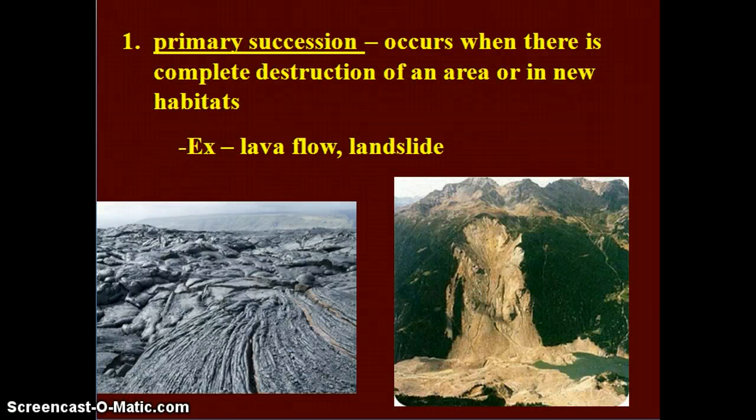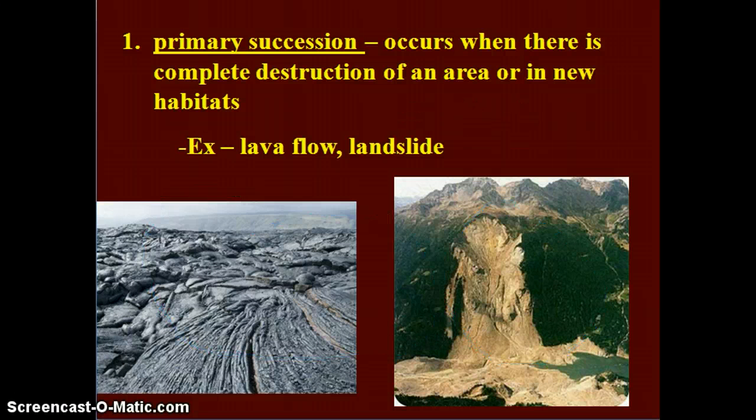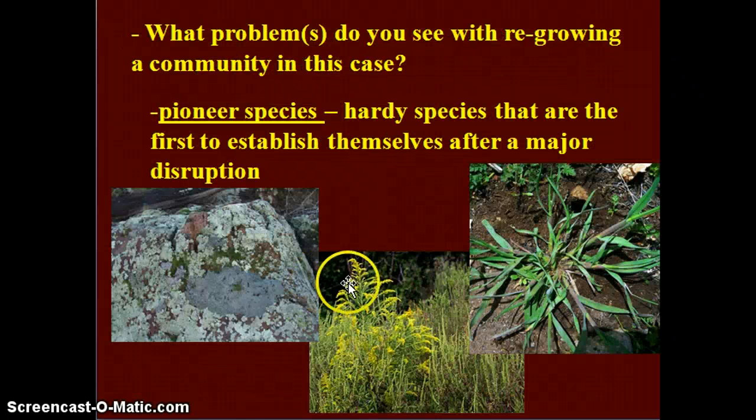I told you to remember no soil. So where there has been no soil is a result of primary succession. You see there's no soil here, and you see there's no soil here. So primary succession would be where there has been no soil. Secondary succession occurs where there has been soil, and we'll get to that in a moment.